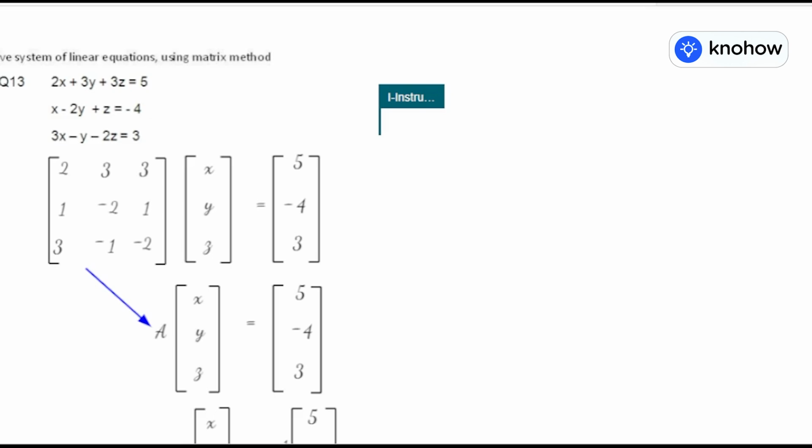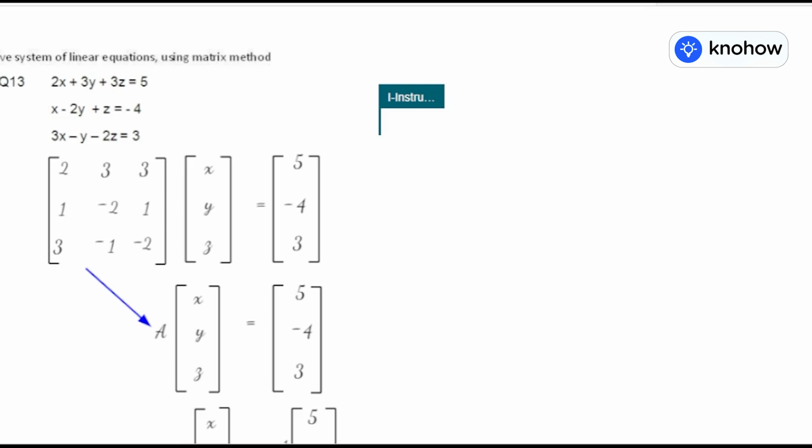On the left you have x, y, z, the variable matrix, equal to 1 by 40 times, multiply row to column, you get 25 minus 12 plus 27, then multiplying with the second row you get 25 plus 52 plus 3, and then with the third row multiplied to the column you get 25 minus 44 minus 21. Just work it out.